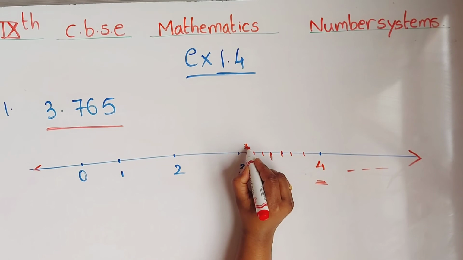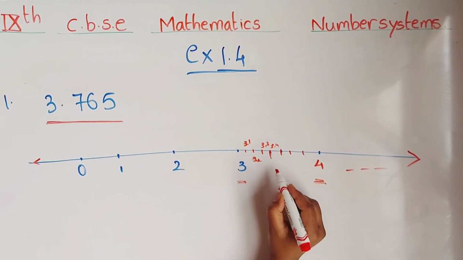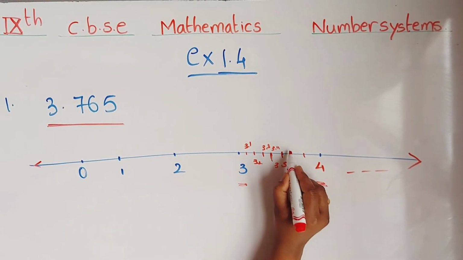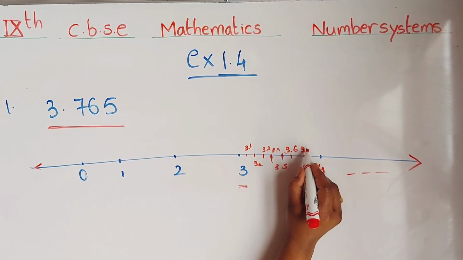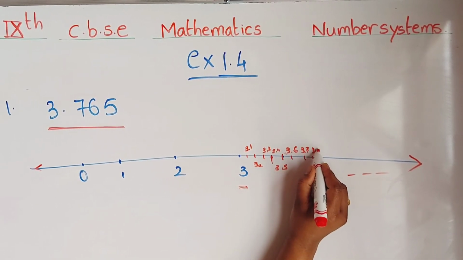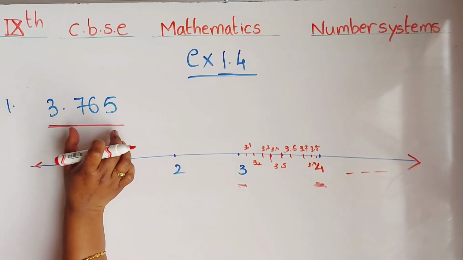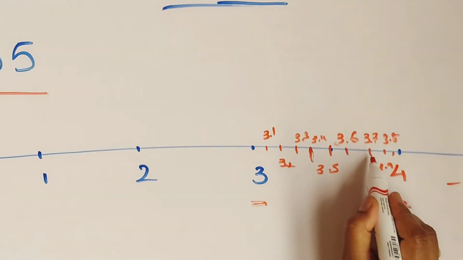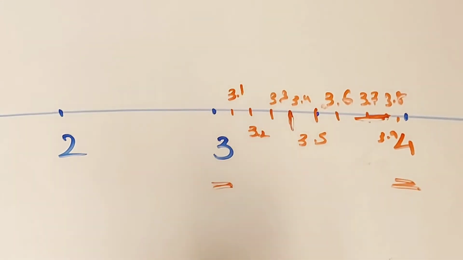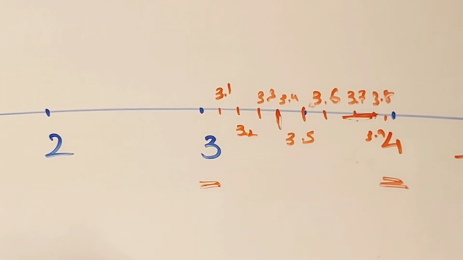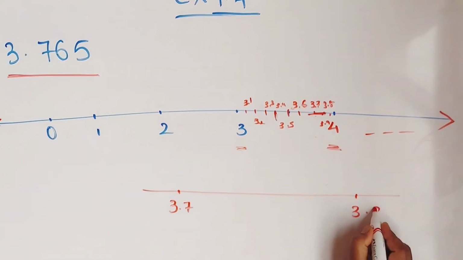This is 3.1, 3.2, 3.3, 3.4, 3.5, 3.6, 3.7, 3.8, 3.9 and 4. Our number is 3.765. That means it is in between 3.7 and 3.8. Now we will magnify only those numbers. That means 3.7 and 3.8.